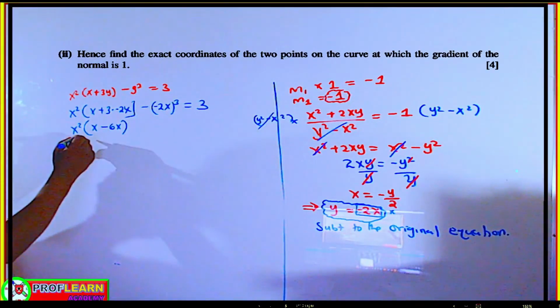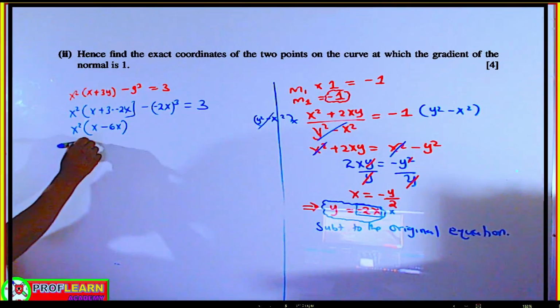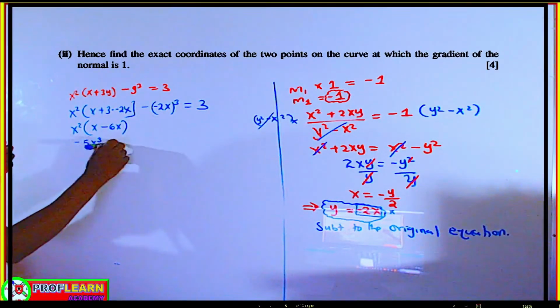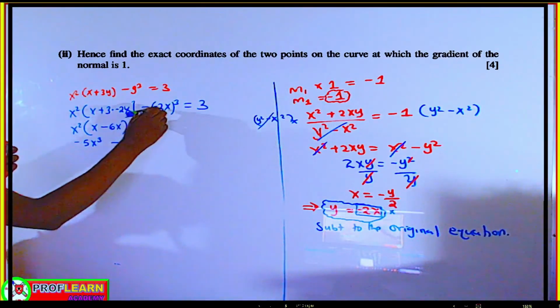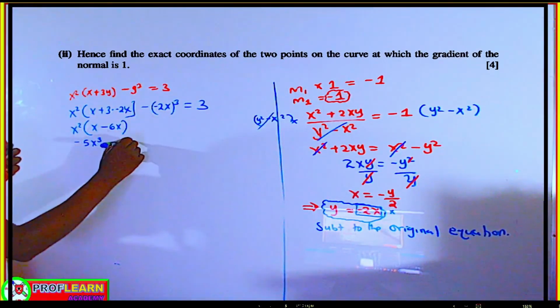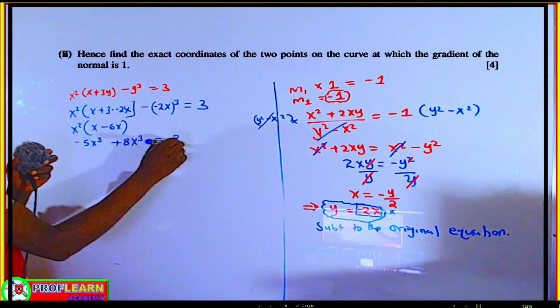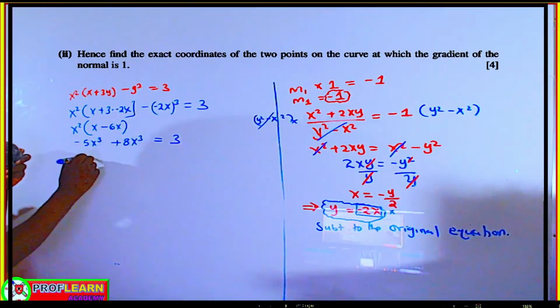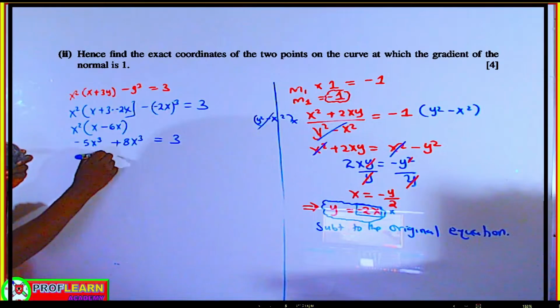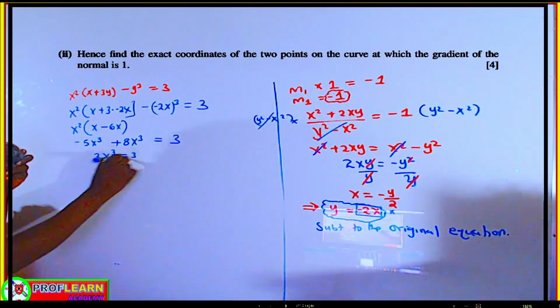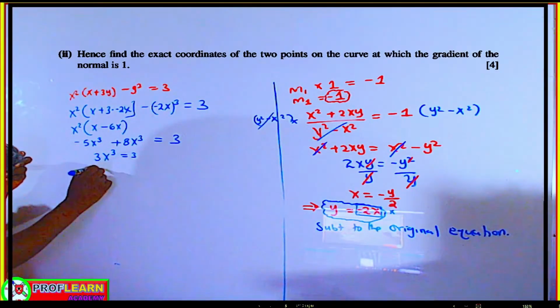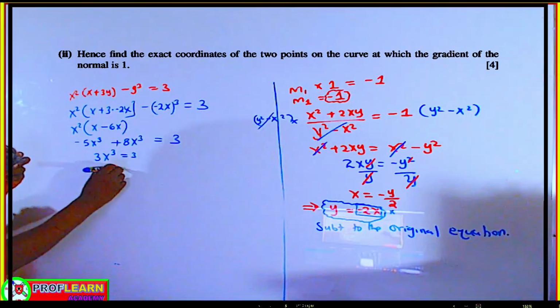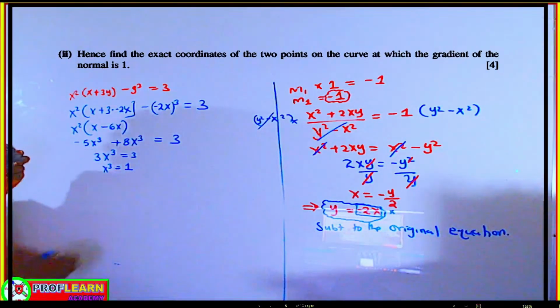Now negative 5x cubed minus, this is going to be positive 8x cubed, and this is going to be equal to 3. And if we work this out, we're going to get 3x cubed equals 3, and that means that x cubed is going to be equal to 1.